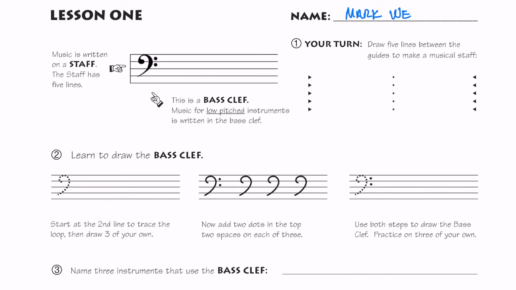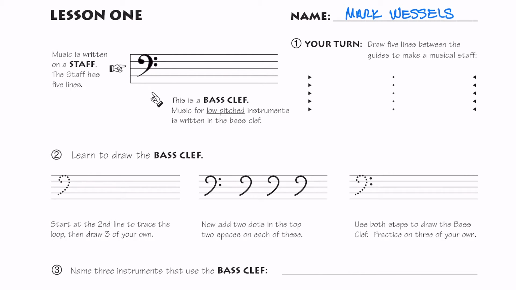If you're at home by yourself working through this on your own, then you don't have to write your name. But if you're in a band class, a lot of times teachers will have you tear out the page and hand it in to get credit, or to show them that you actually did the work. So make sure you write your name at the top of the page.